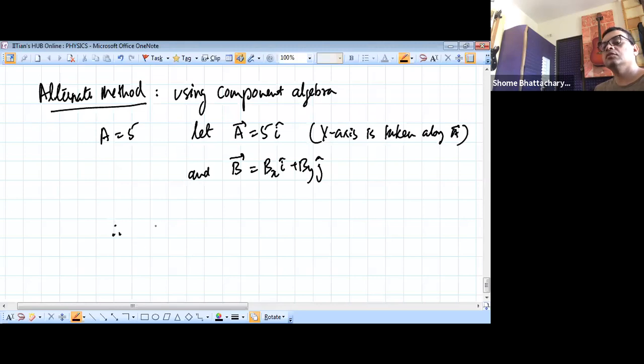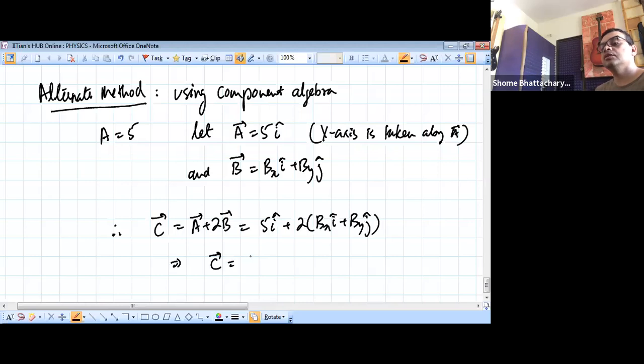Therefore, the vector C, which is E plus 2B, will become equal to 5 i cap plus 2 times bx i cap plus by j cap. Or the vector C would be (5 plus 2bx) i cap plus 2by j cap. This is my equation 1.